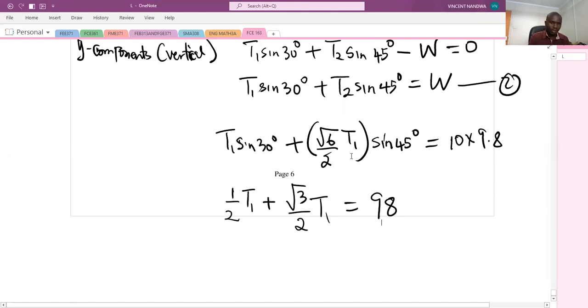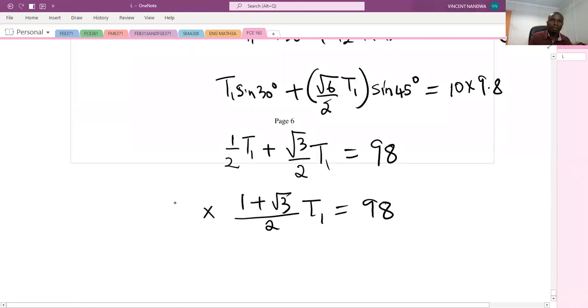So plus a half, I get 1 plus root 3 divided by 2, T1 equals 98. So to get T1, I multiply by 2 over 1 plus root 3.